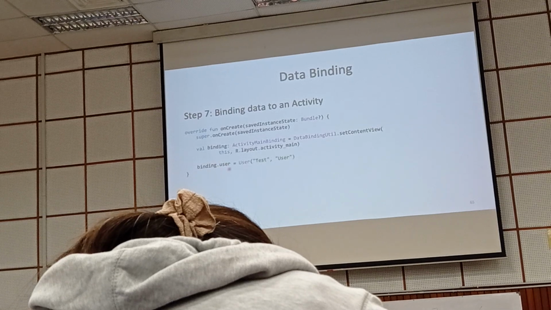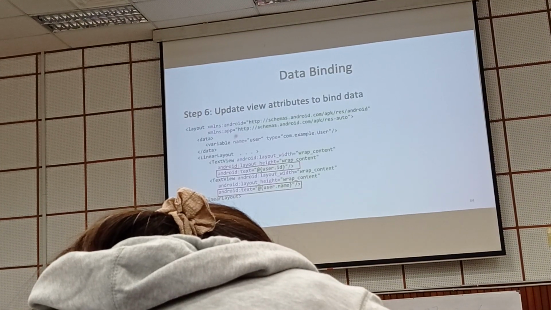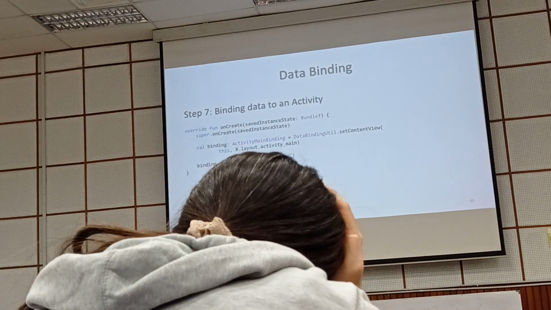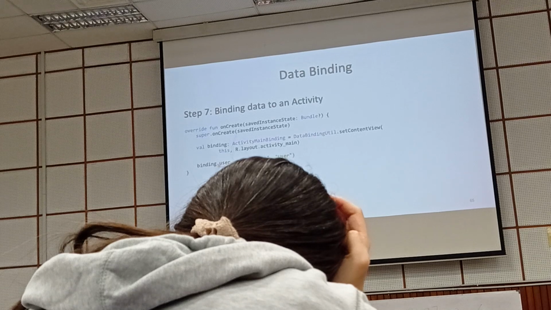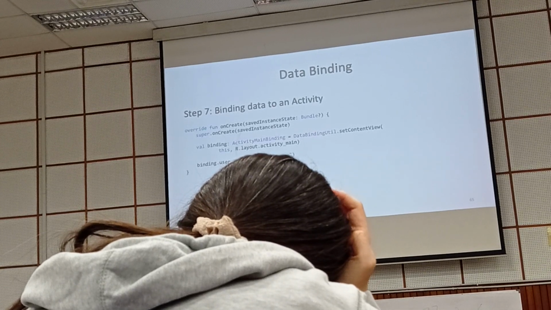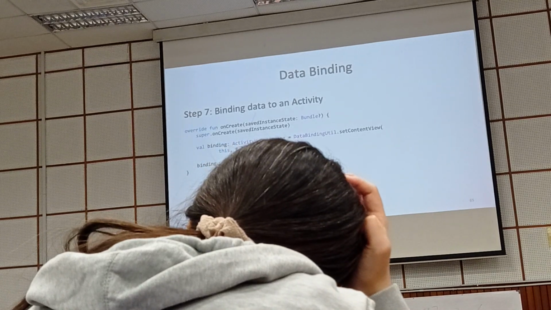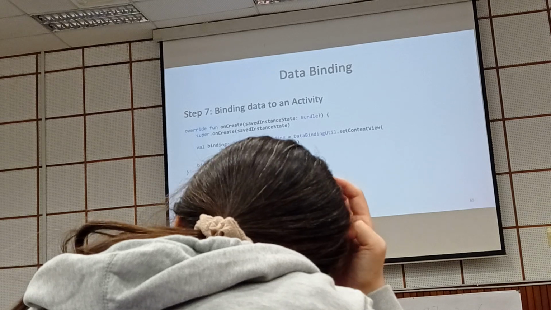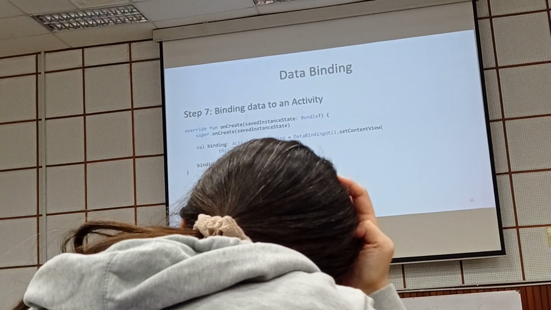This user is referring to this variable. That's all you need to display output. You don't need to put textView.text equal to something. No, just assign the value, and the system will show the output.